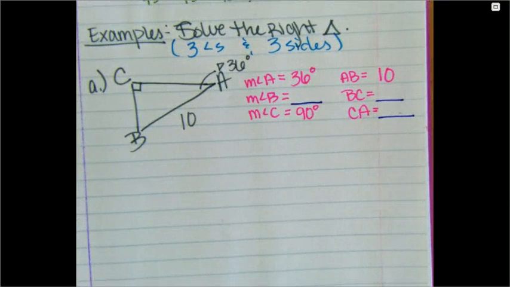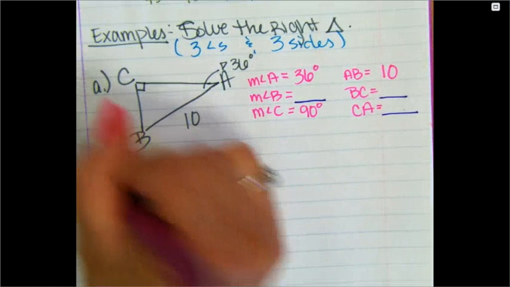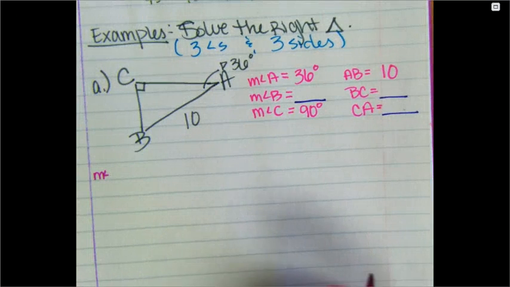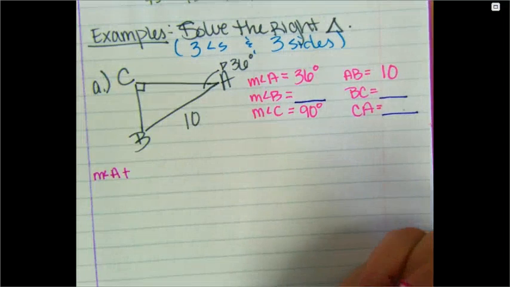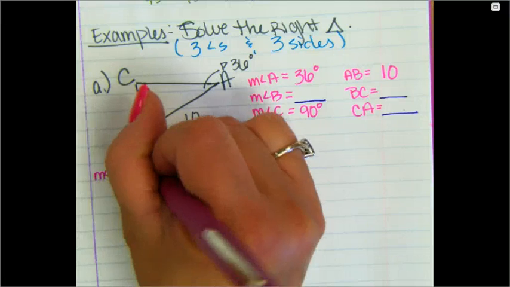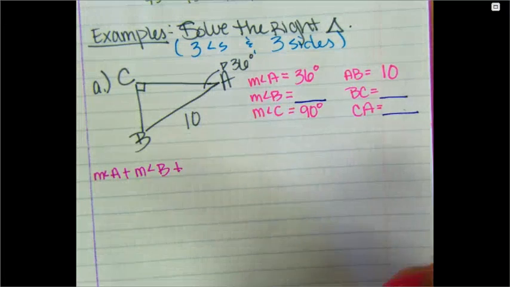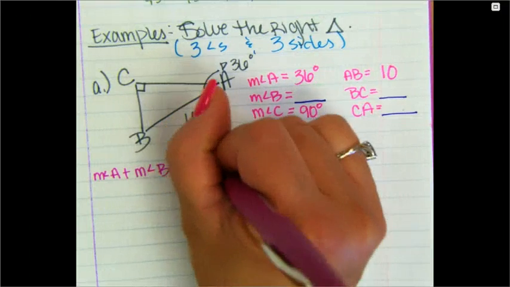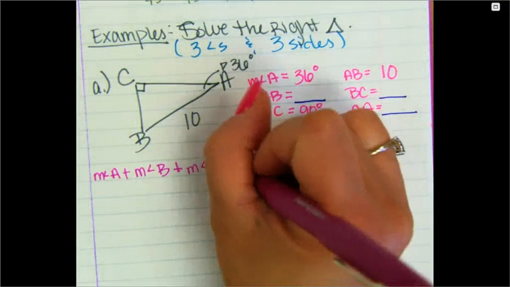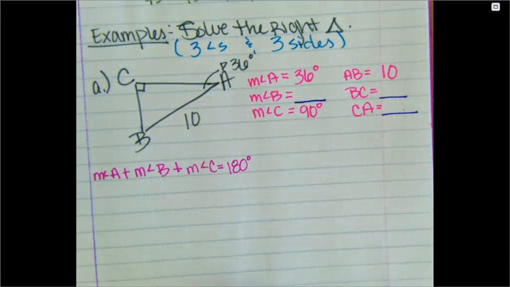Triangle sum says what? 180 equals the measure of angle A plus the measure of angle B plus the measure of angle C. Do you know the measure of angle A?